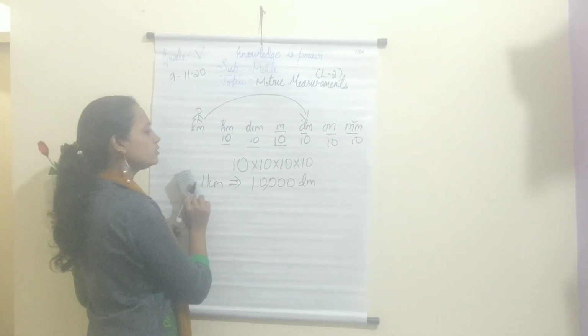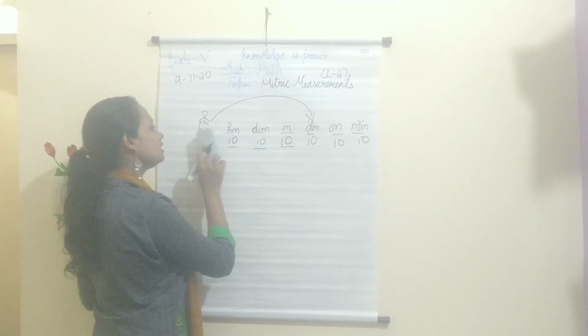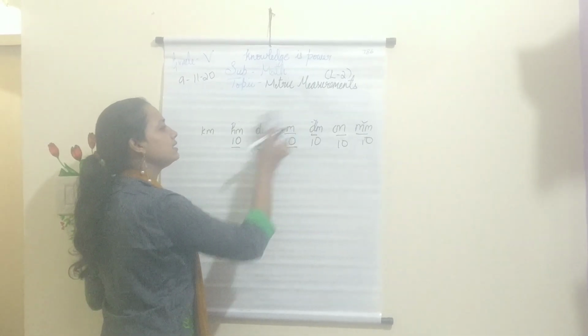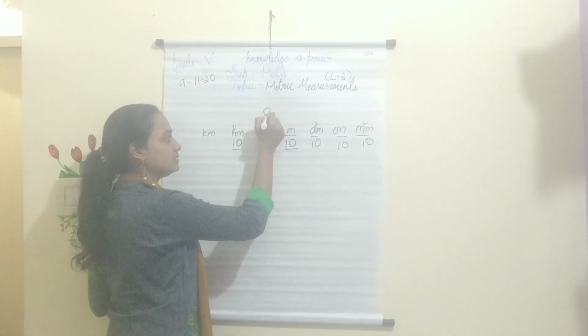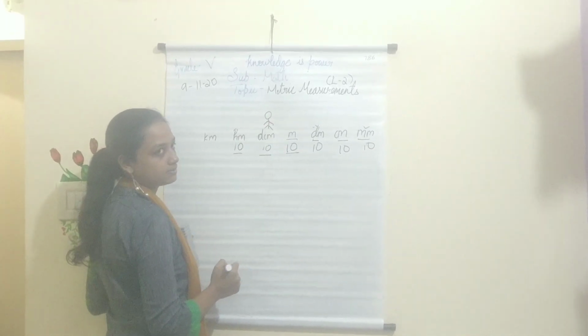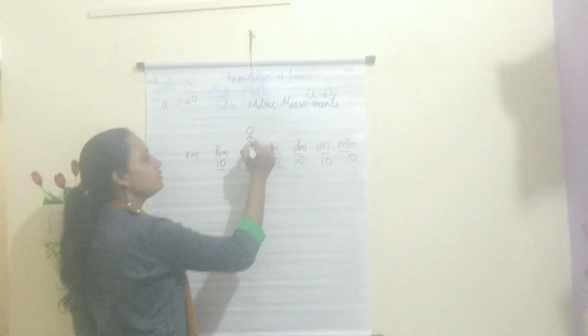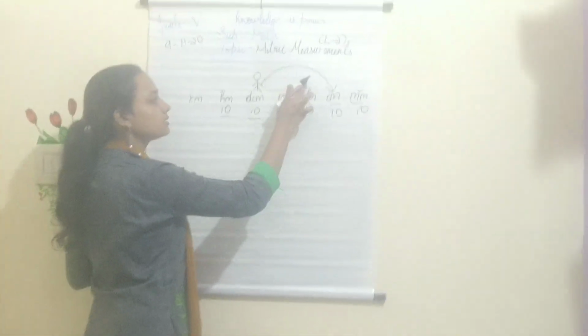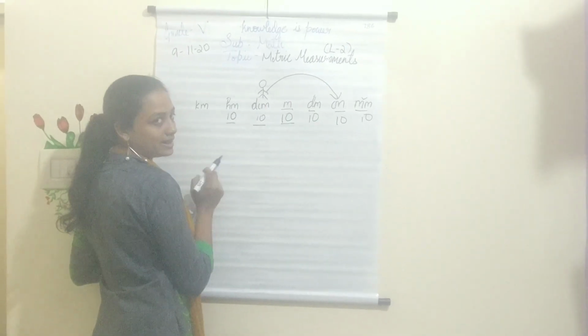So now you saw how I jumped from kilometers to the others. What if I am in between? Now I am standing at decimeter. Now I have to jump from here to centimeter. So what answer do I get?